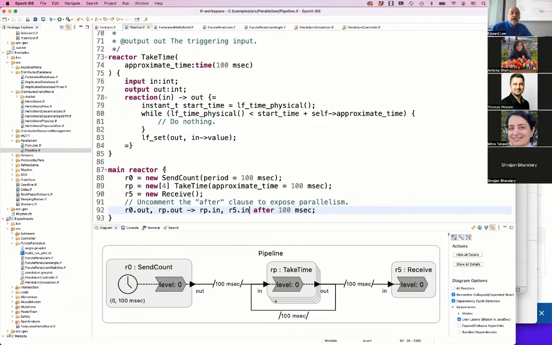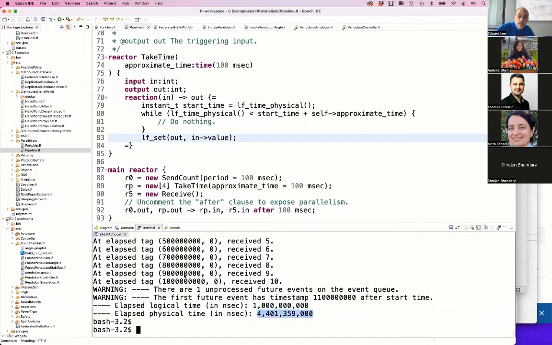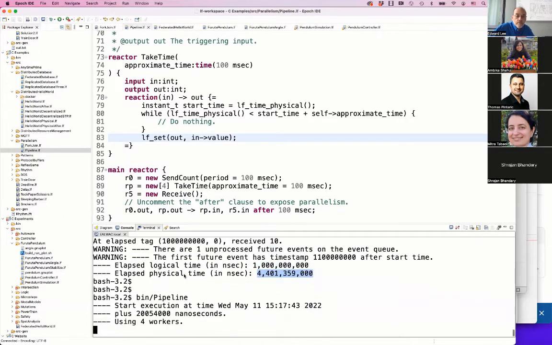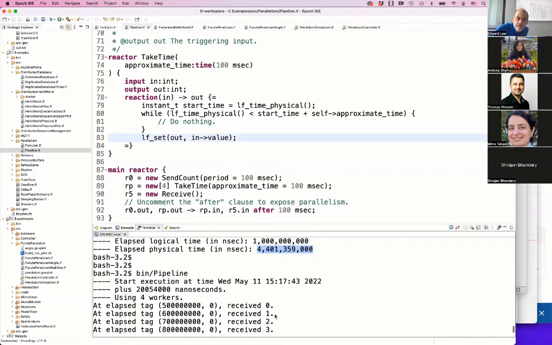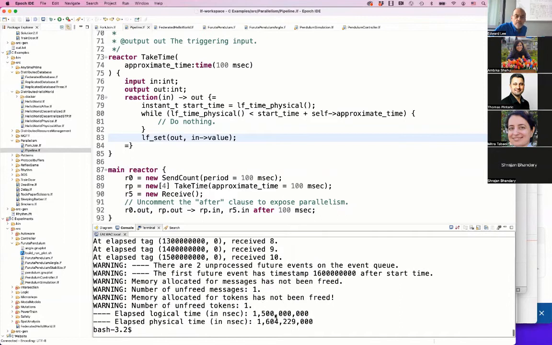So I can validate that by compiling this and then running it. So notice it executed 1.5 seconds of logical time. Was it 1.5 before? Whoa. That's weird.